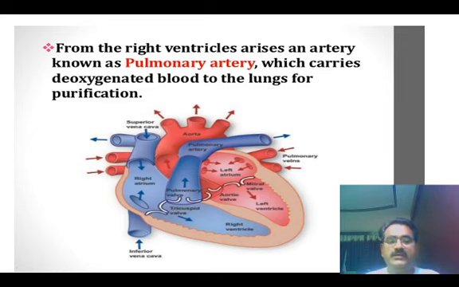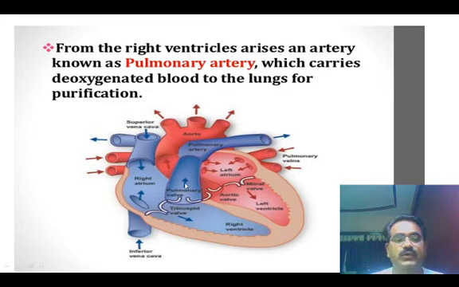The blood is transported toward the lungs with the help of the pulmonary artery. These pulmonary, tricuspid and bicuspid valves have the ability to inhibit the backward movement of the blood.